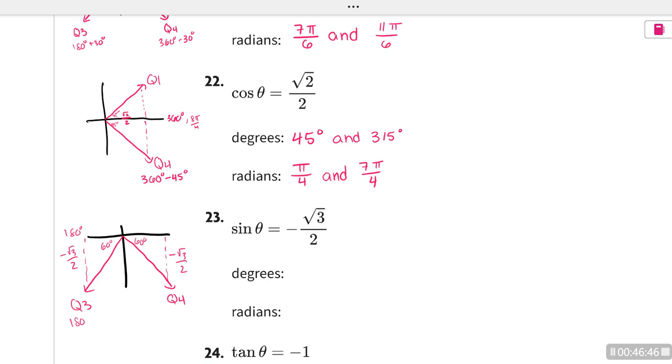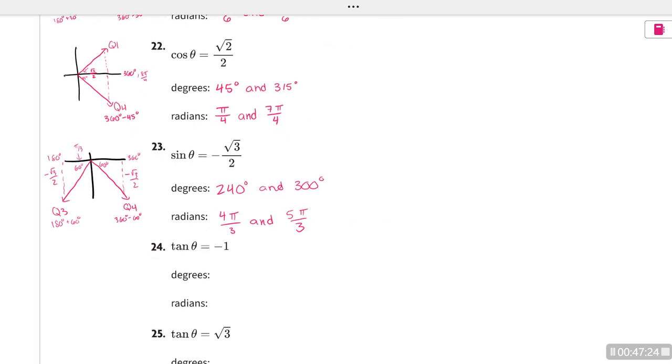So here we have 180 plus 60, which gives us 240 for quadrant 3. And here we're going to use 360 minus 60 to get 300. So equivalent to 60 degrees is pi over 3. If we think of 3 pi over 3 plus 1 pi over 3, we get 4 pi over 3. And 6 pi over 3 minus pi over 3 is 5 pi over 3.